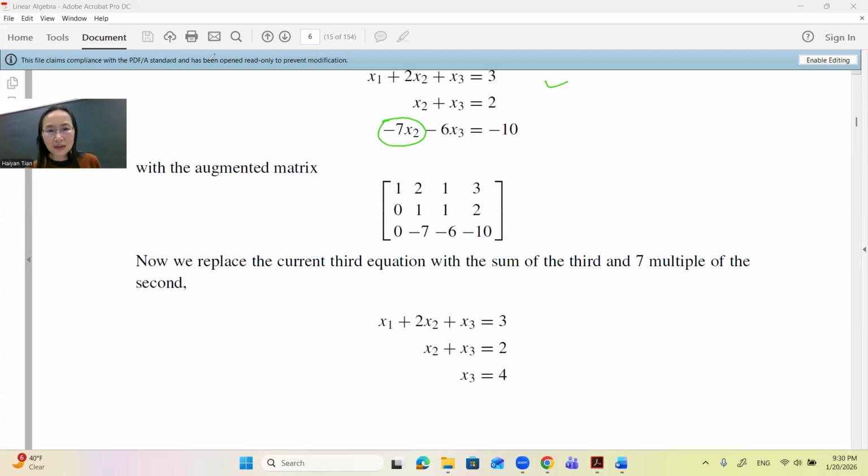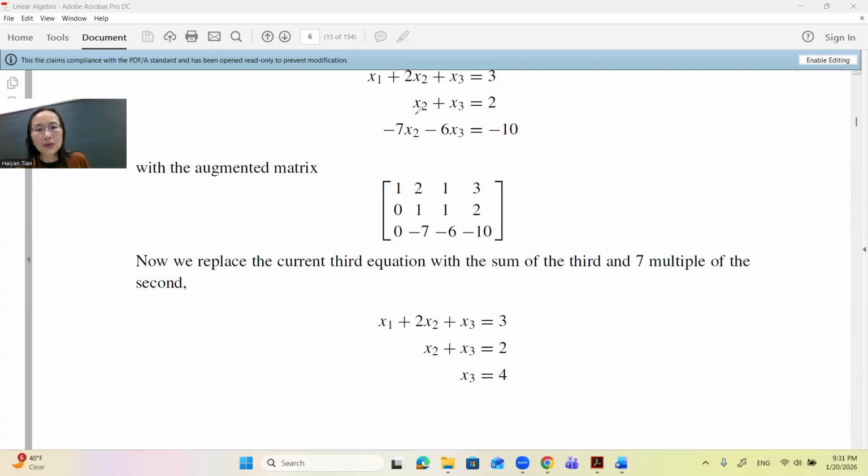You might wonder, why don't we use the first equation? Well, think about it: if you use the first equation, you might possibly introduce a variable back. If you do an operation with the third equation, when you eliminate the x2 variable, you may introduce the x1 variable back. So that's not what we want.